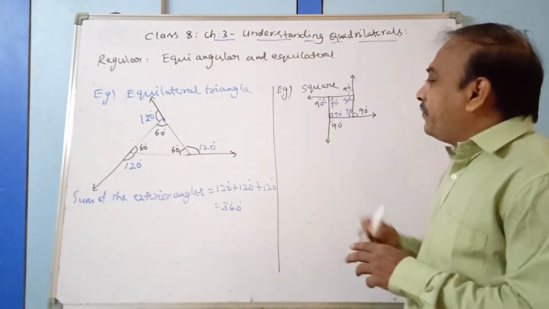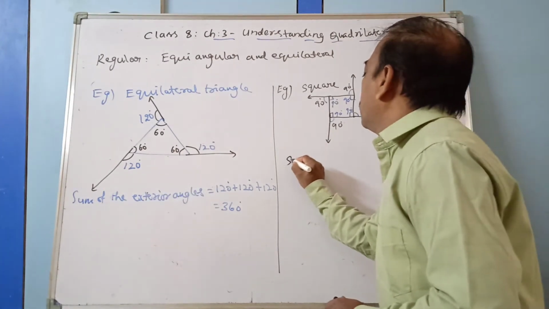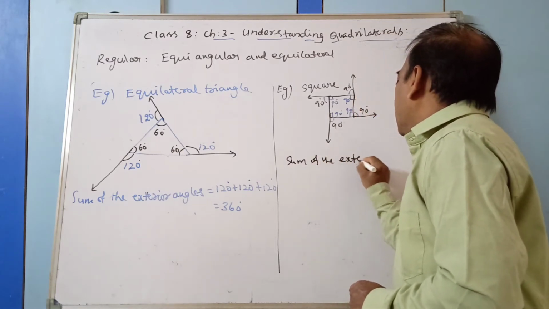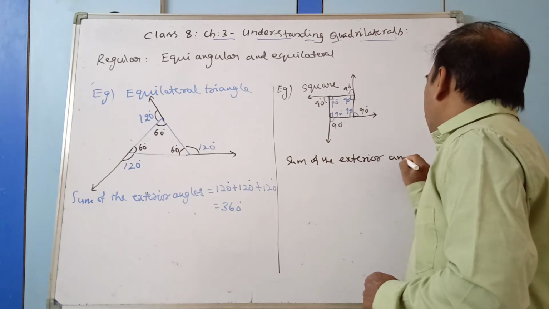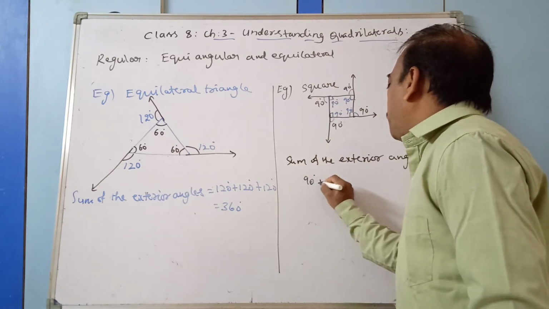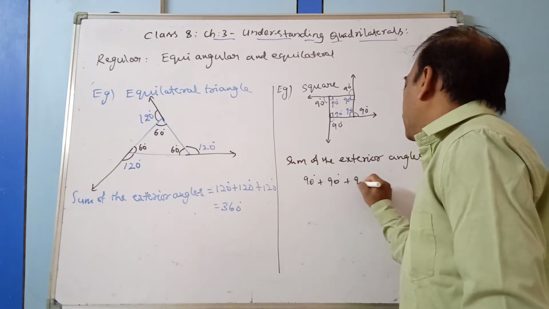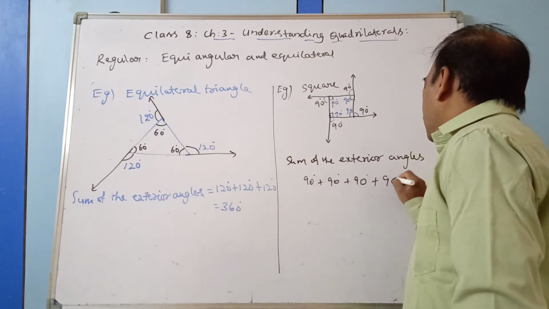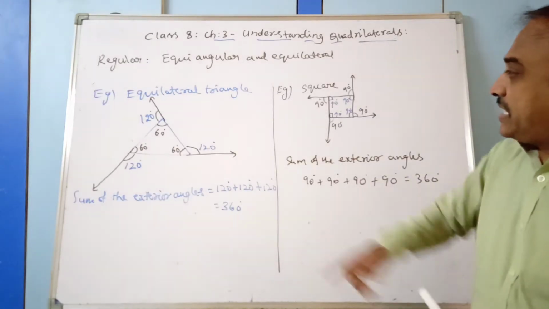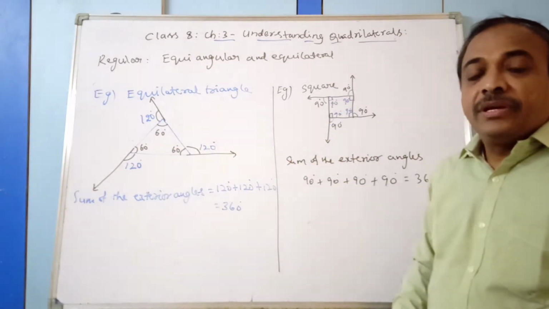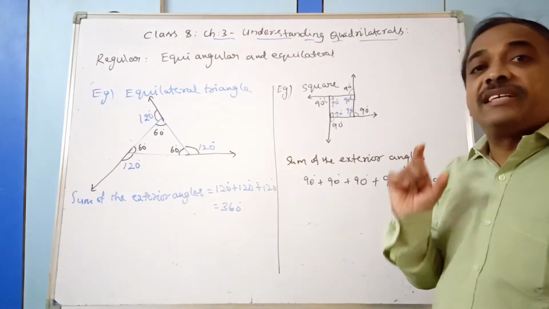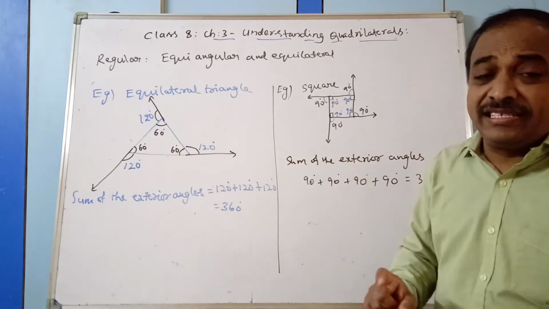Now, the sum of the exterior angles is 90 plus 90 plus 90 plus 90 degrees, which is equal to 360 degrees. Though it is a three-sided polygon or a four-sided polygon, the sum of exterior angles is always the same.